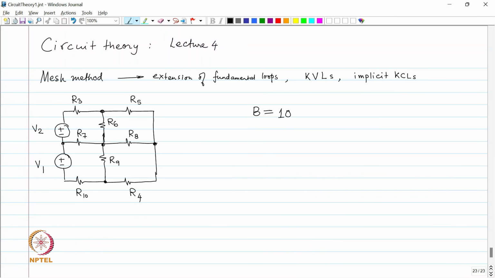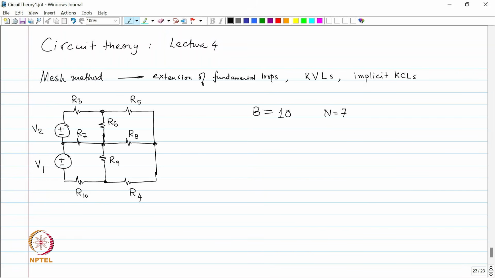I see only 7 nodes. Huh? Only 7 nodes. So, how many elements in the tree? 6 elements in the tree.